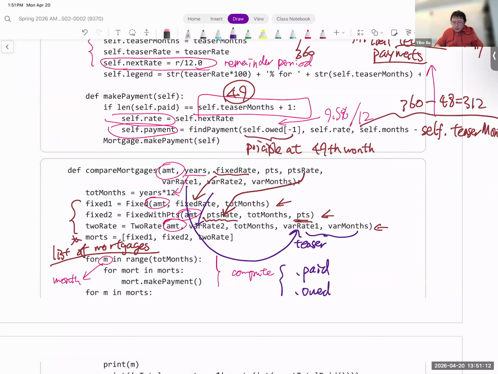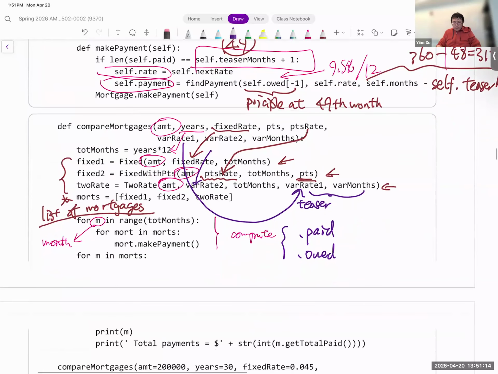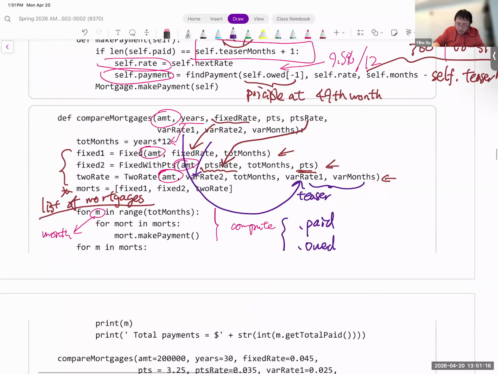So these are the two sequences I'm computing. And then this part is about the M here. Abusing the notation, now here M is each mortgage.